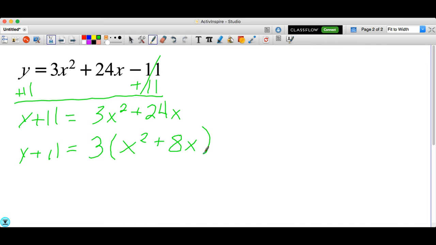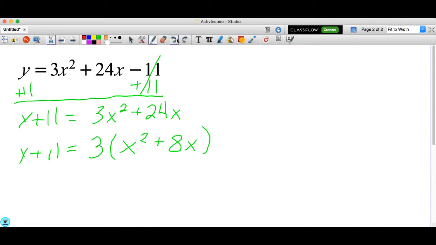Now, let's double check this. I closed it off, okay? Let's look and make sure we didn't break any math rules. Let's see if it would go backwards. If we multiply that 3 in, we get 3x squared, like we want, and 24x, like we want. So we really didn't break any math rules, and in fact, we didn't do a whole lot of changing things around. It just looks different now.